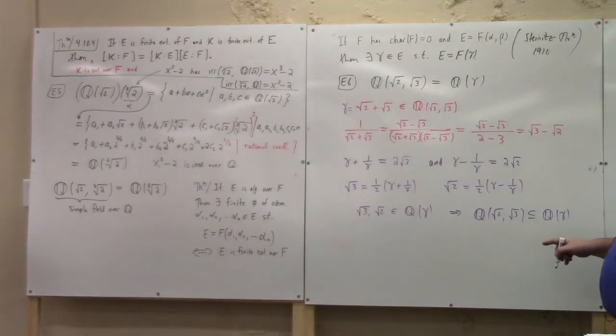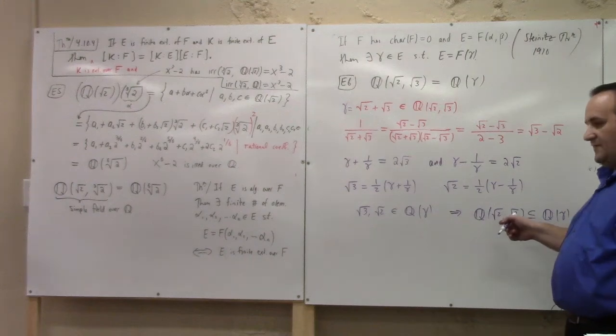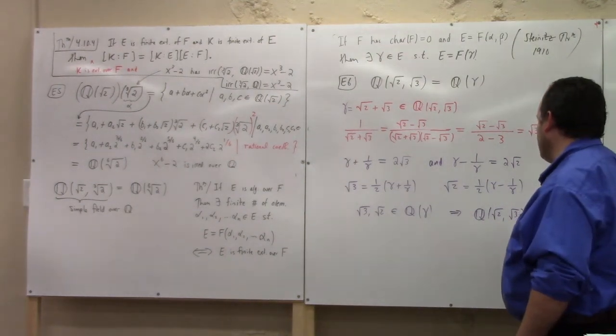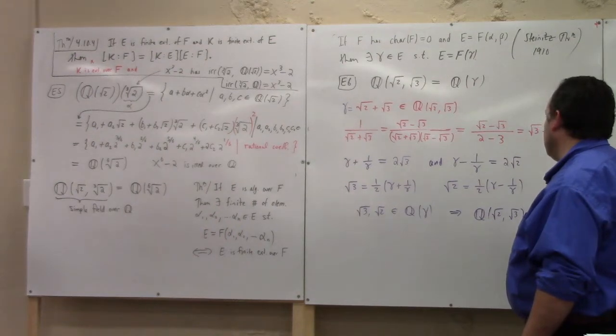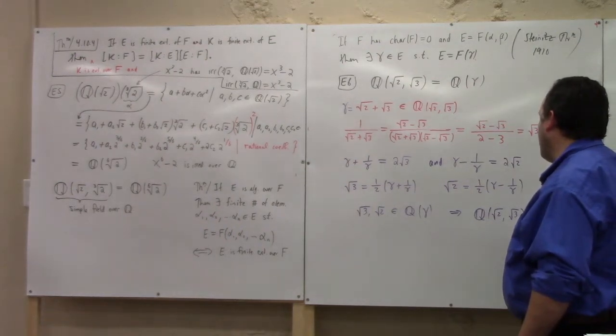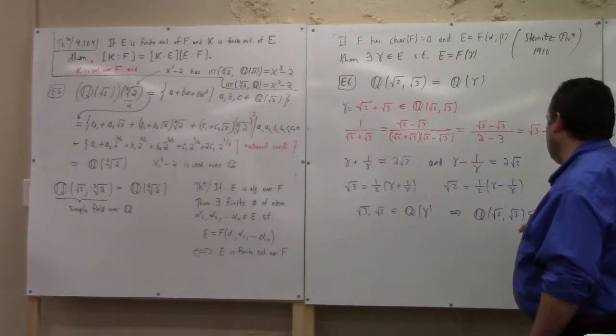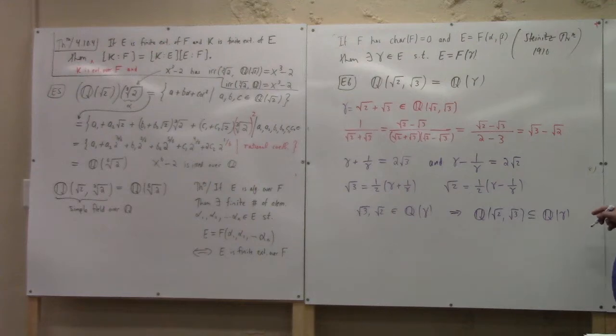But also these are vector spaces, right? I have that subset.